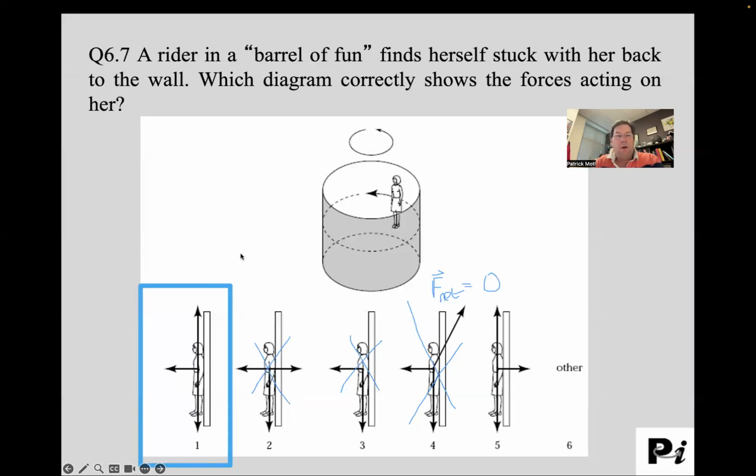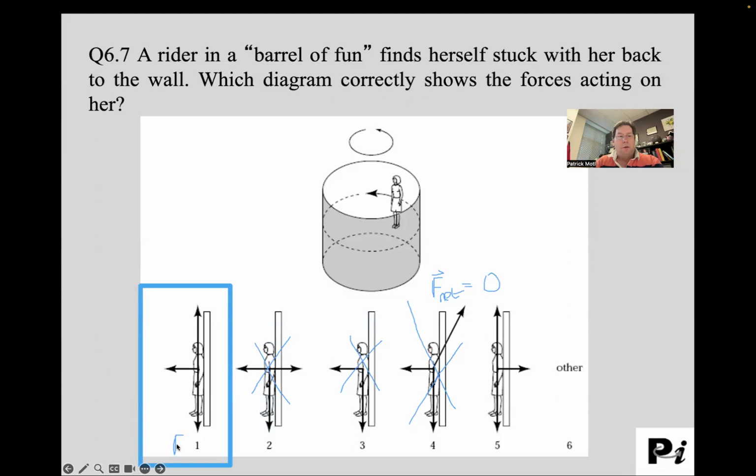It's not going to try to pull you through it. So the one that gives you correct motion in a circle is the one where you have a net force directed in towards the center of the circle. And then even better, so you don't have a horrible accident, your weight is canceled out by a force that points upwards.